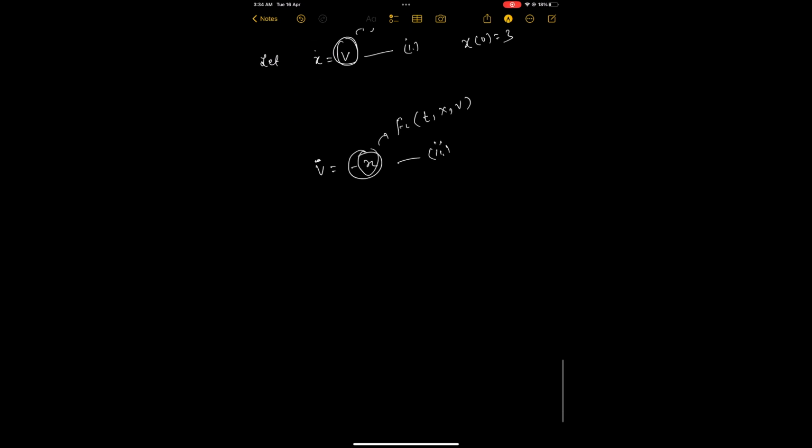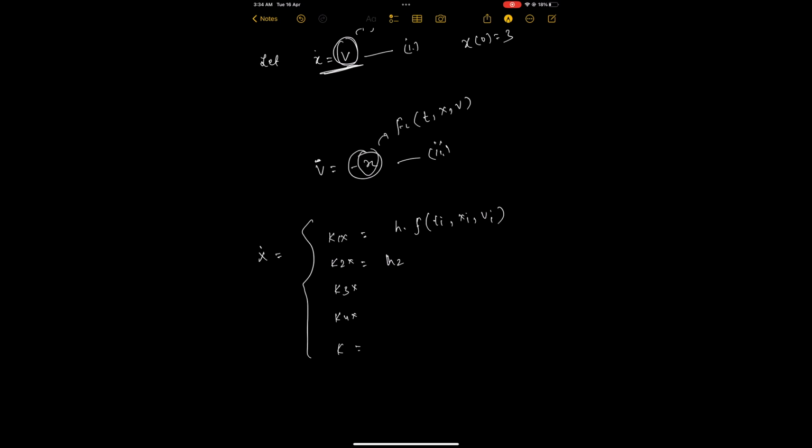So what we have to do is calculate lots of ki's for this also. For x dot, for this equation we have to calculate k1x, k2x, k3x, k4x and finally k. So k1x equals h into f of ti, xi, vi.